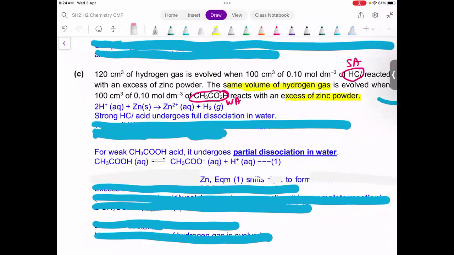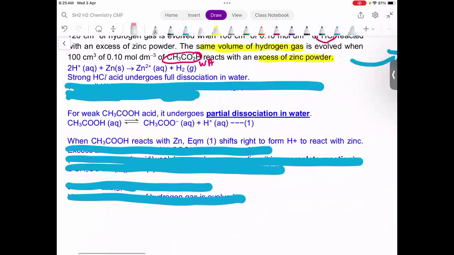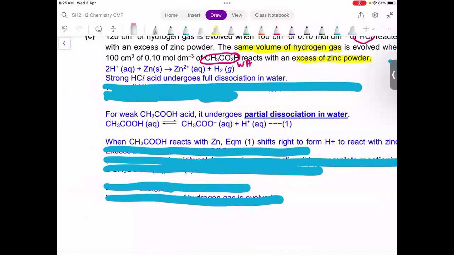Then for weak acid, it will be a partial dissociation. For partial dissociation on its own without any reaction, the weak acid gives you a much smaller amount of H plus. Even though it gives you a much smaller concentration of H plus compared to your strong acid, there's no worry of it giving you less of the hydrogen gas.